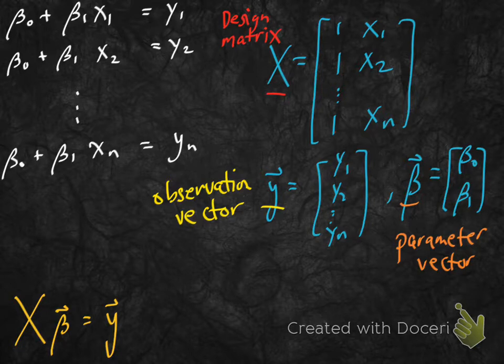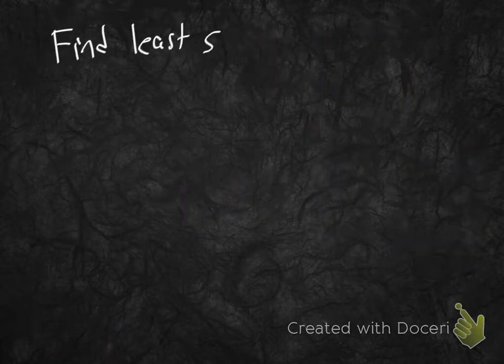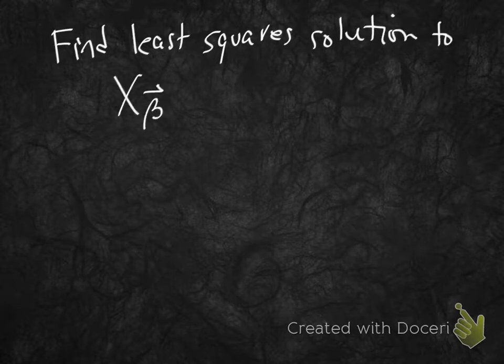And even if this linear system is inconsistent, we can use least squares to find a solution. So remember, from a previous video, the least squares solution for an inconsistent linear system is the best possible solution that we can get. It's not quite a solution, but it is the best that we can do.